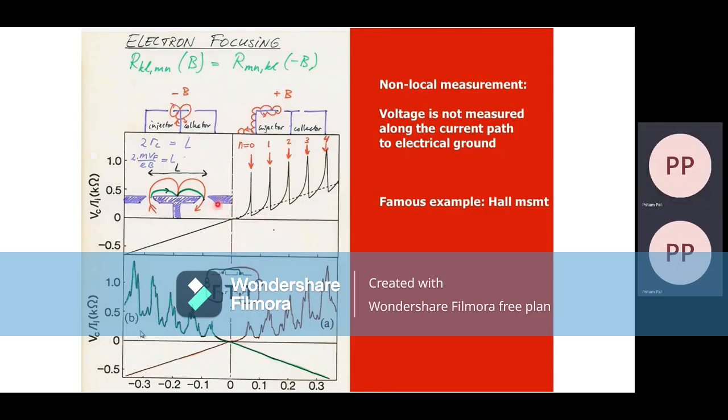So this was an example of classical ballistic transport, for which ballistic transport of the electrons is essential to observe these effects. It's a really beautiful demonstration of ballistic transport, actually.